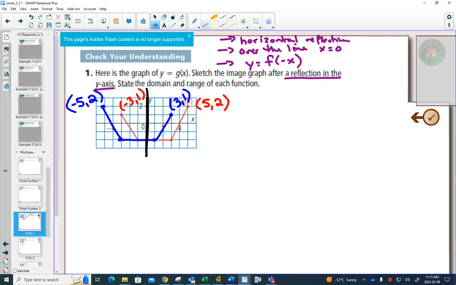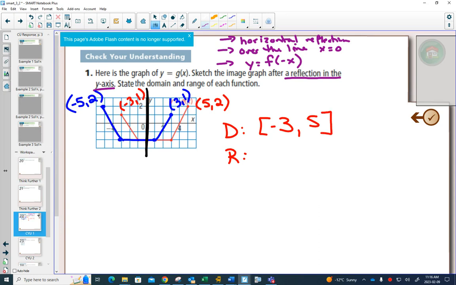Question also says to state the domain and range of each function. For this one, I'm going to use interval notation this time. So remember, domain are your x values. If I wanted to start with my smallest x value on my red graph, can you see that your smallest x value is -3, and your biggest x value is +5? So it goes from -3 to 5.